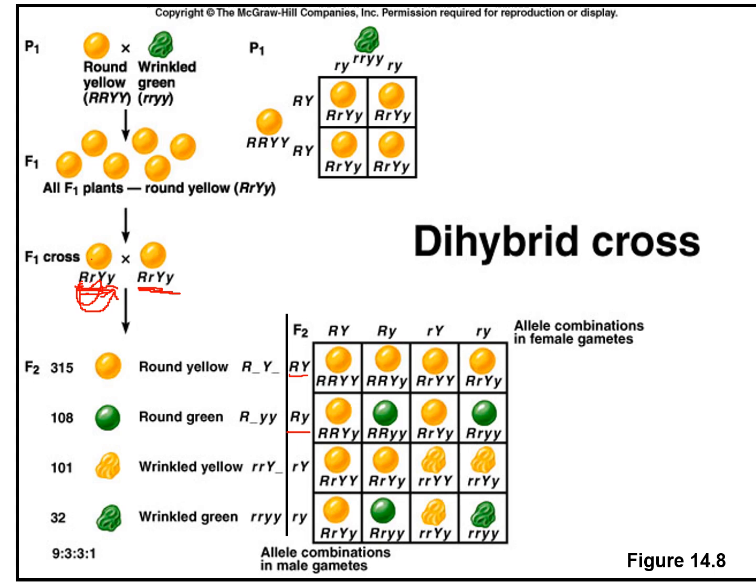And then you could say, well, little r, we'll come over here just so we have more room, could go with big Y. And then little r could also go with little y. And there's your 4 possible gametes. And it would be the same with the other parent on the top here.